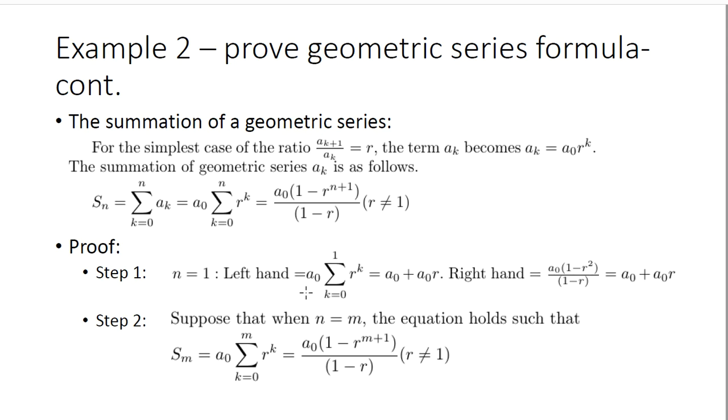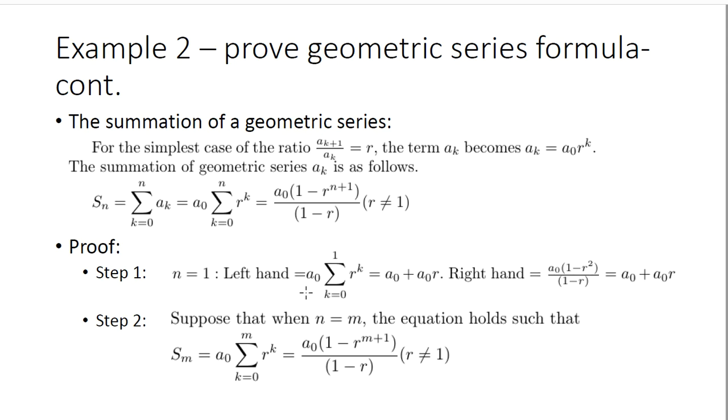The first element is a sub 0 r to the power 0 plus a sub 0 r to the power 1. Any number to the power 0 equals 1, which means the left hand side is a0 plus a0 r. For the right hand side, we replace n with 1.